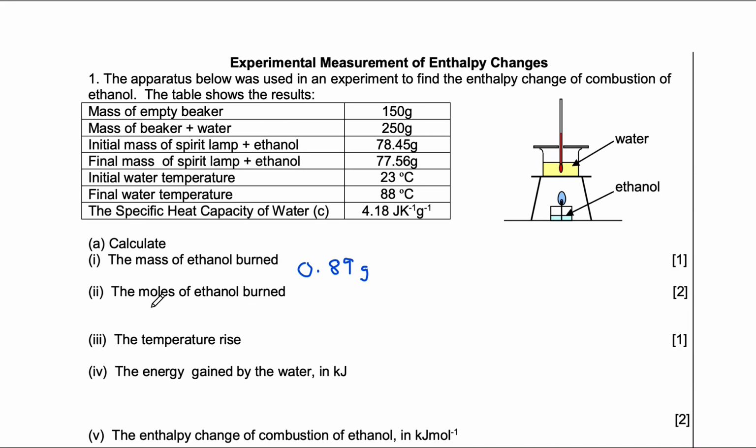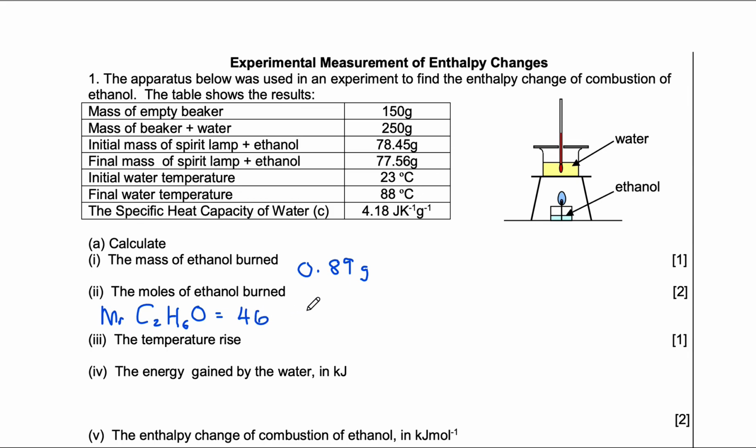It's then asking you to work out the moles of ethanol burned. The first thing I'm going to go over is what the formula for ethanol is. Ethanol is C2H6O, so based on that, the Mr of this is 46.